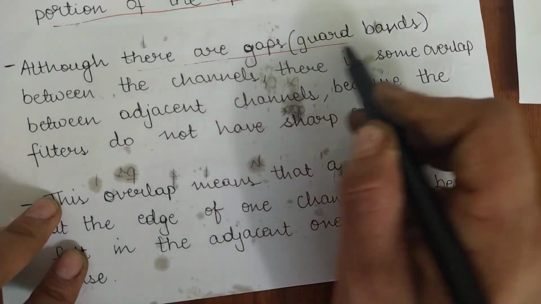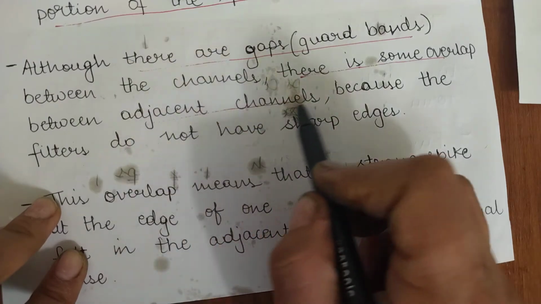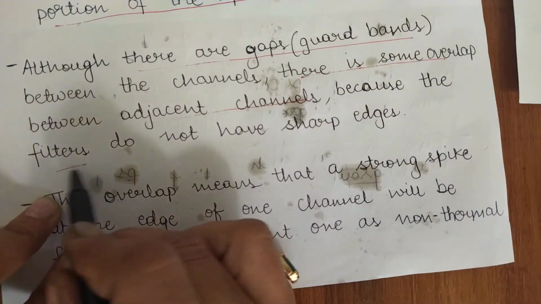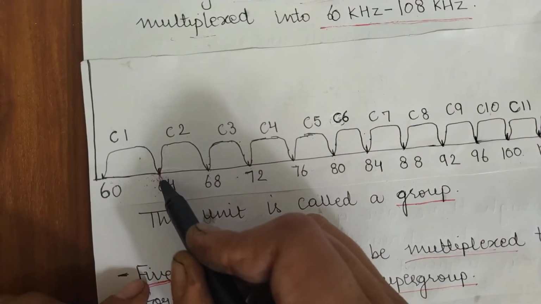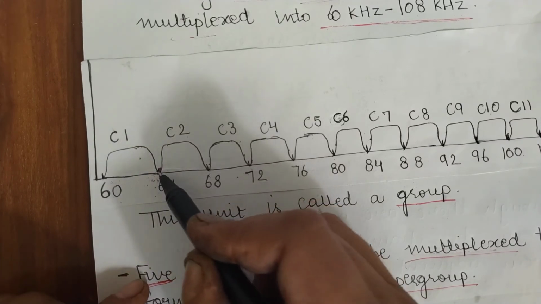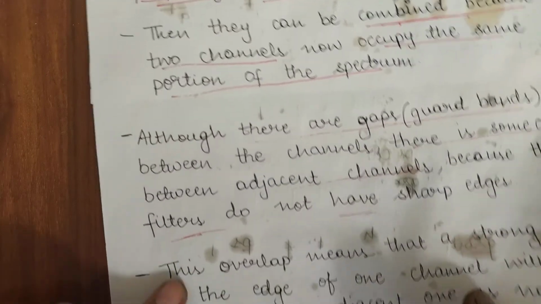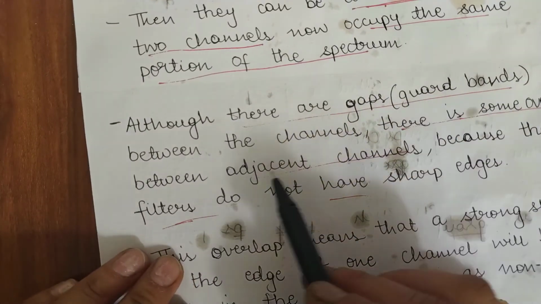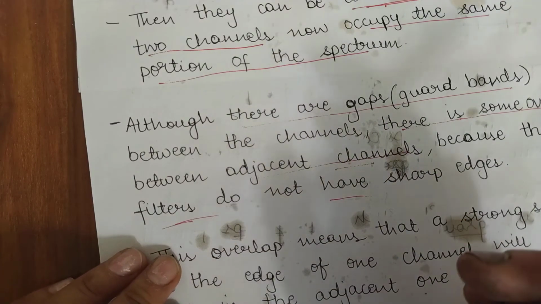Now, although there are gaps or guard bands between the channels, there is still some overlap between the adjacent channels because the filters do not have sharp edges. Like here you can see, though they are well separated, at the edges they are overlapping, right? Channel 1 ends at 64 and channel 2 starts at 64. So basically there is some overlap at the adjacent channels because one channel is ending at 64 and the other channel is starting at 64.